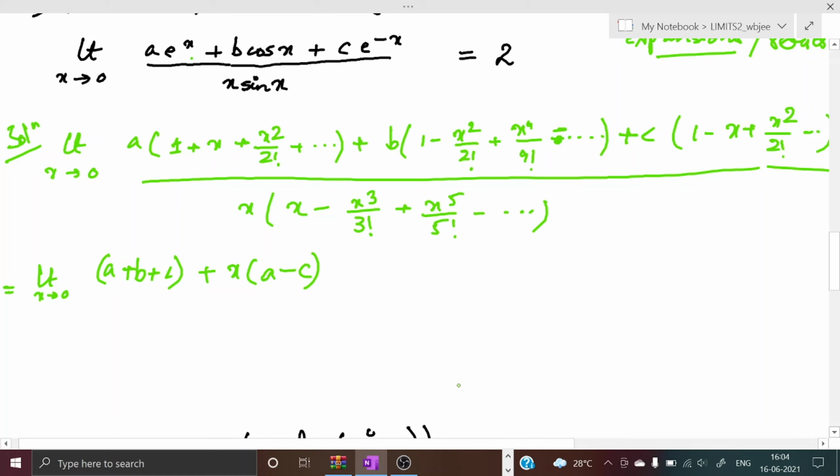Then we will write the factors of x square, that will be equals to x square, and you get a minus b by 2 factorial 2, a by 2 also, b by 2 plus c by 2. And you will get the higher powers like x cube, x to the power 4, like this.